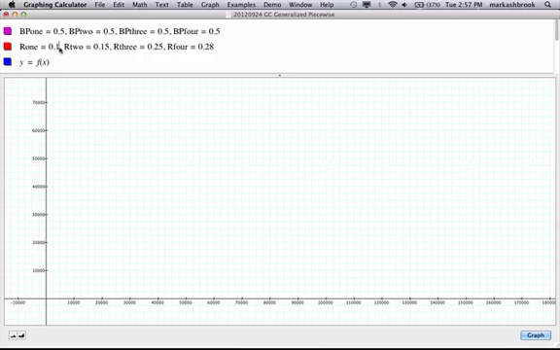The first rate of change was 0. And then every half second it jumped up 1 foot per second. So first breakpoint's at 0.5, second breakpoint's at 1, then 1.5, then 2.